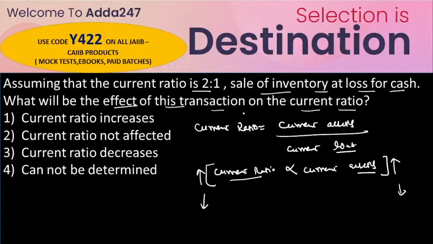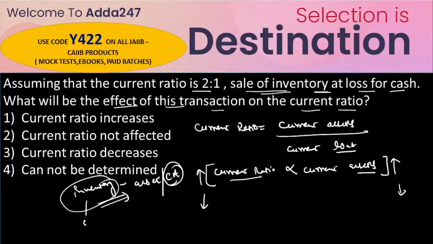The question is about the sale of inventory, and inventory is also a part of assets, a current asset.